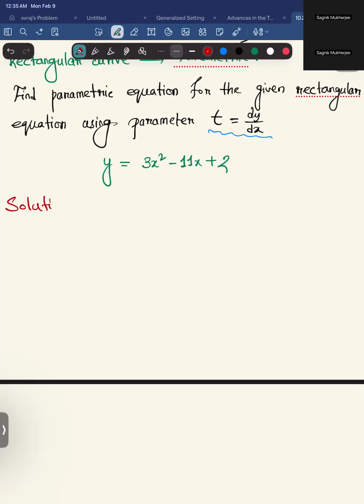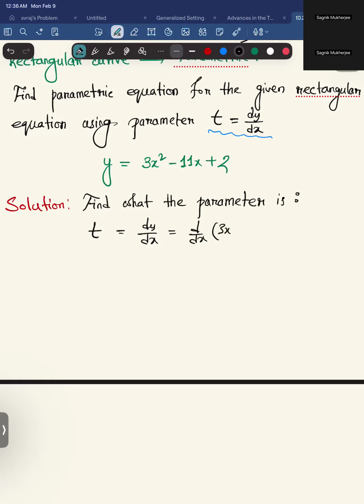So first, find what the parameter is. And you see, you already have the definition of the parameter. So the parameter t is given by the formula dy over dx. So first find out what dy over dx is. So y is 3x squared minus 11x plus 2. So this is nothing but 6x minus 11. So this is your parameter.